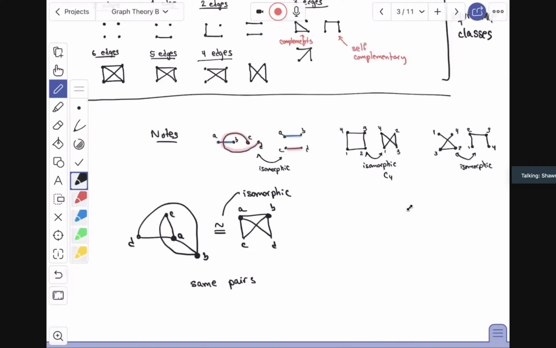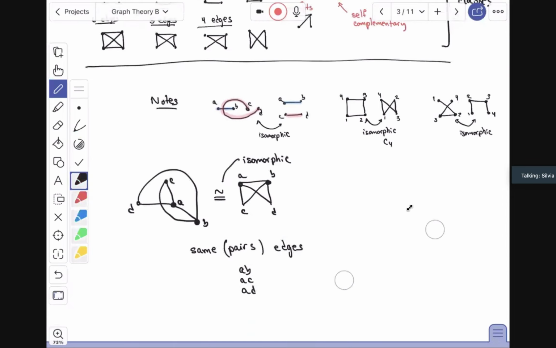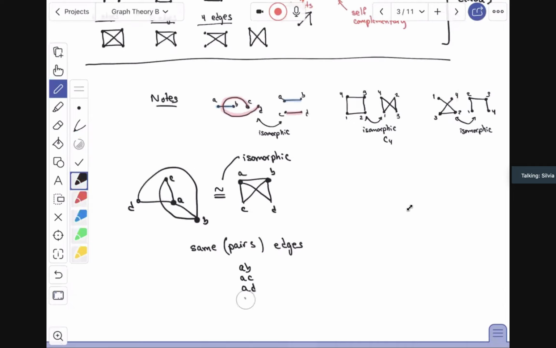The definition of being isomorphic is that it has the same number of edges and same number of vertices, right? No. Isomorphic means that you can label both so that they have the same pairs, the same edges, right? So in both of them, you have A, B, A, C, A, D, B, C, B, D. In both of them, you have those edges.